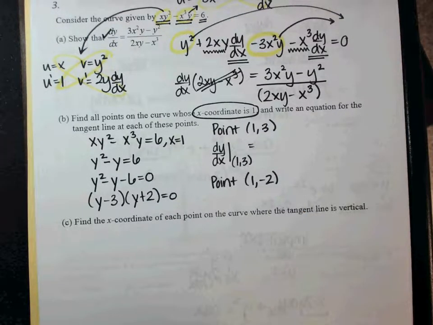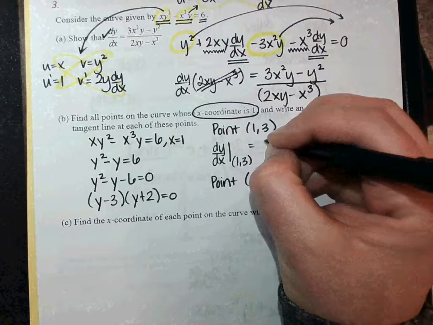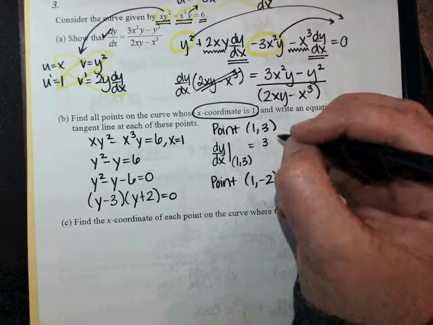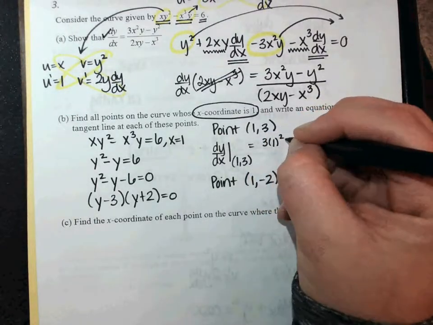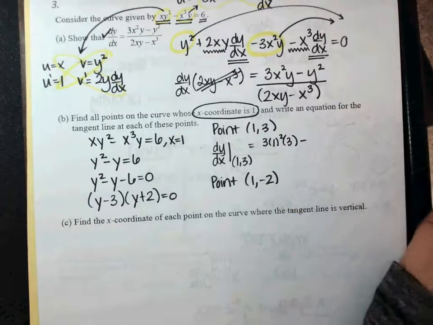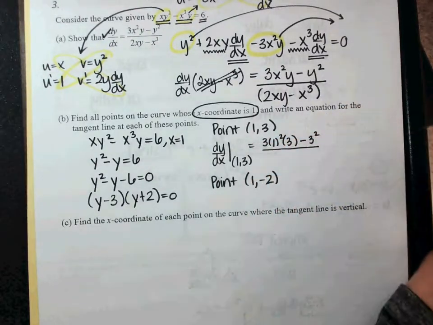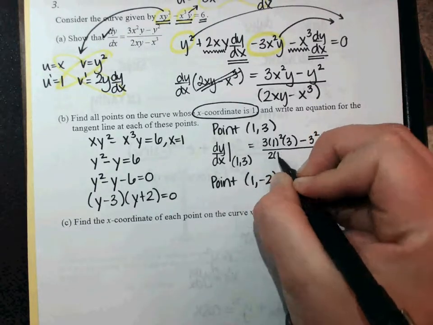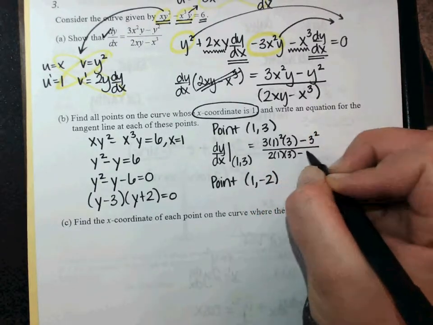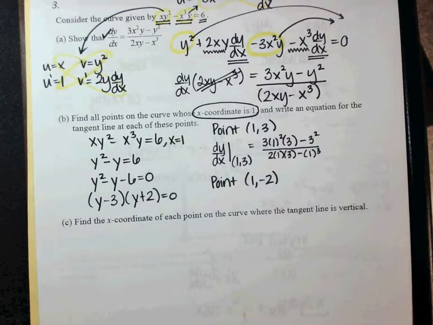And so then our first one on top, we'd have 3 times x is 1 squared times 3 minus y squared would be 3 squared. Divide by 2x is 1, y is 3 minus 1 cubed. Look just at the top there.